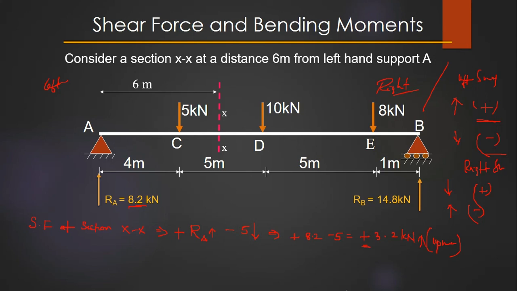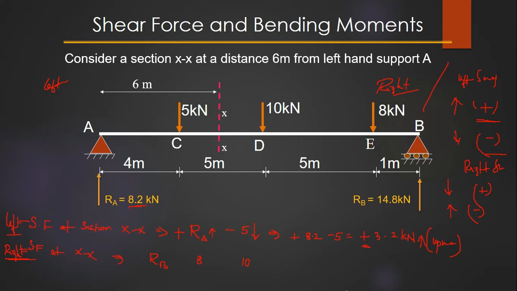And now, similarly, I can calculate the shear force at section XX by considering the right hand side. This is left and this is right side. So if you see here, what forces are present? Three forces are present: RB, 8 and 10. So find the sign convention that we are going to use.